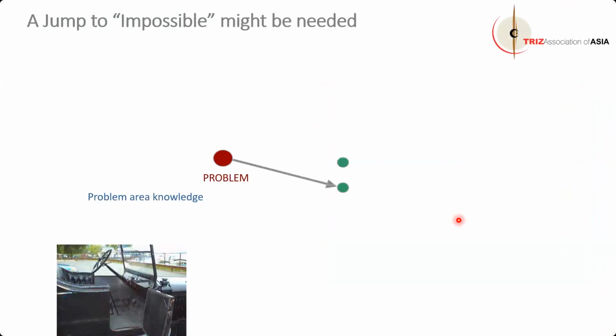When we solve a problem, there are certain things. I have just taken an example of a steering wheel, which is used for maneuvering the vehicle, turning the vehicle and all that stuff. Initially it was a single shaft on which the steering wheel was mounted, and it was very difficult to maneuver.